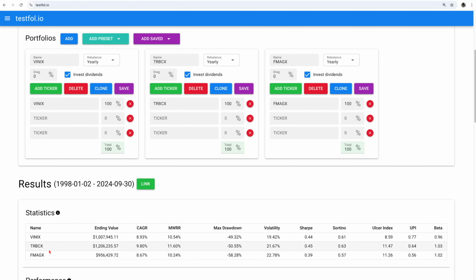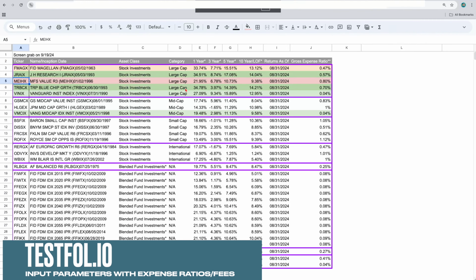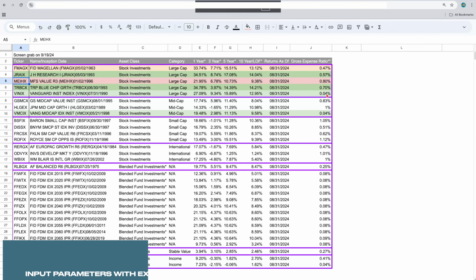Without factoring the fees, T. Rowe Price ending value from 98 to 2024 is 1.2 million versus VINIX at 1 million and Fidelity Magellan slightly under a million. Now let's factor in the fees. VINIX is 0.04%.